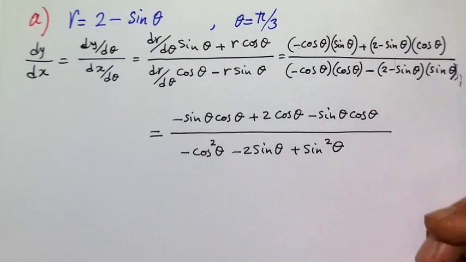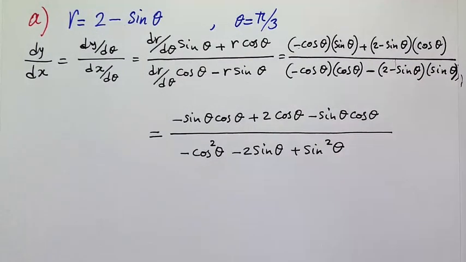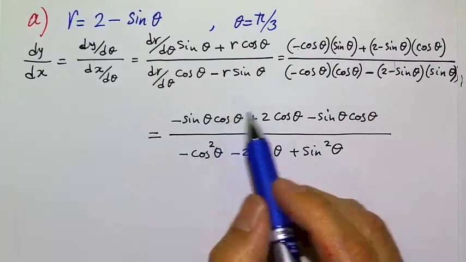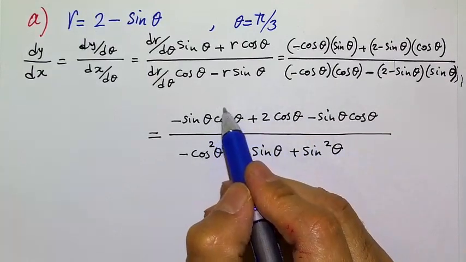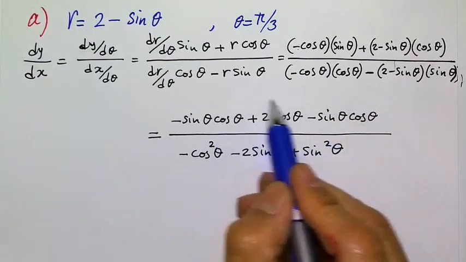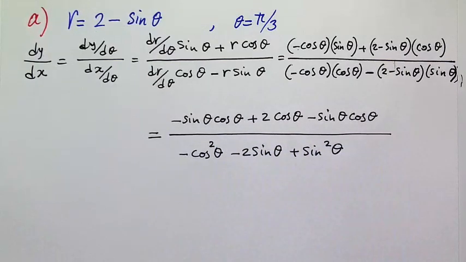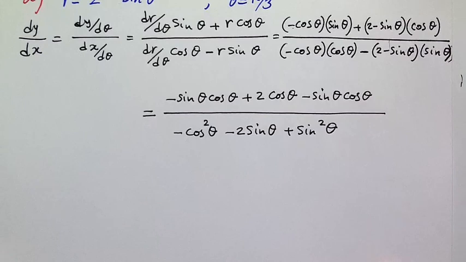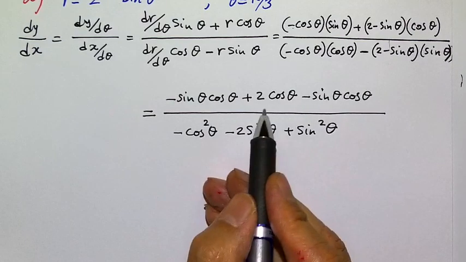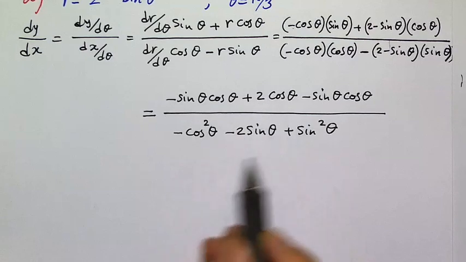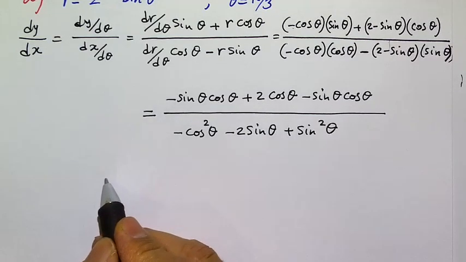Okay, is there anything else we can simplify? There sure is. Notice that we can combine these two. This one and this term can be added up. They're the same. So minus 2 sine theta cosine theta. And of course, plus this. So I'll just put that in the middle.